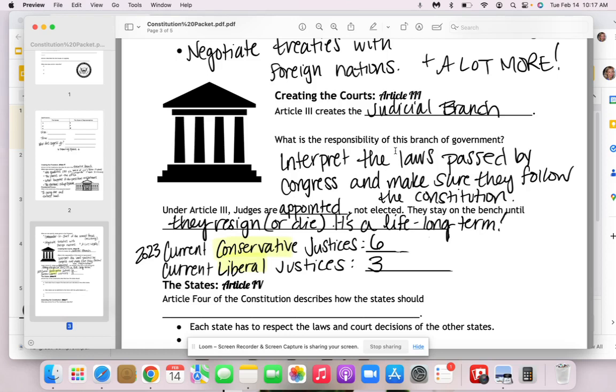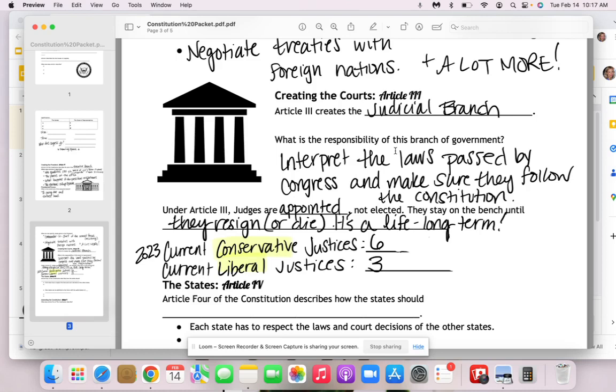First, Article 1. Article 1, the legislative branch passes laws, creates laws that meet the needs and wants of citizens. Article 2, the executive branch, they enforce those laws that are passed.